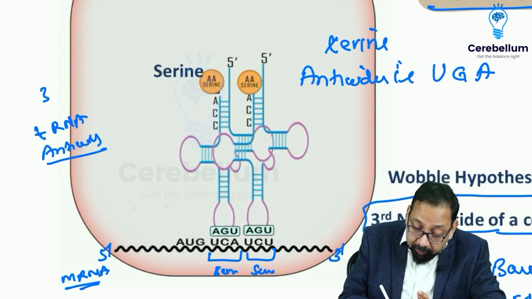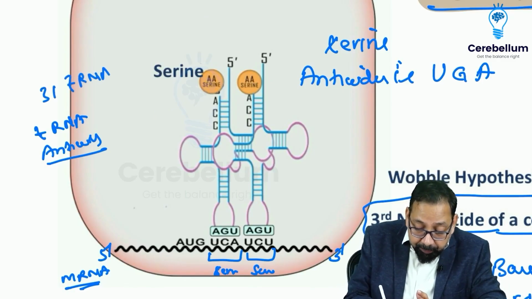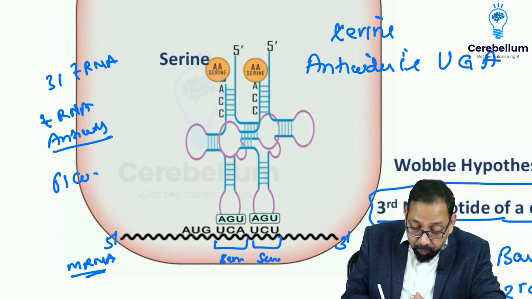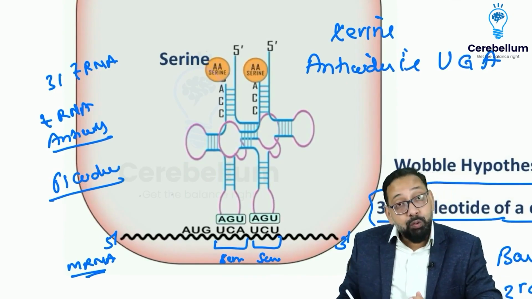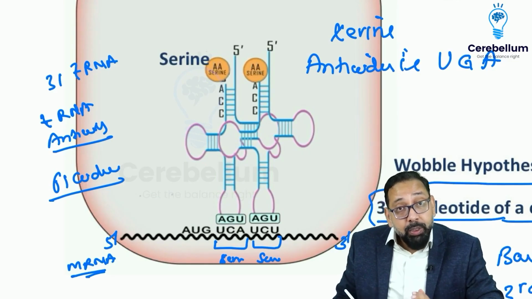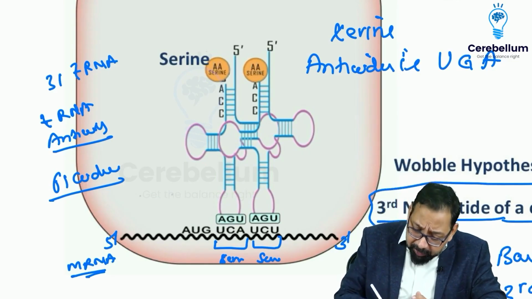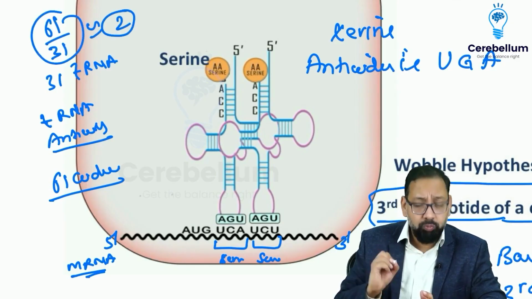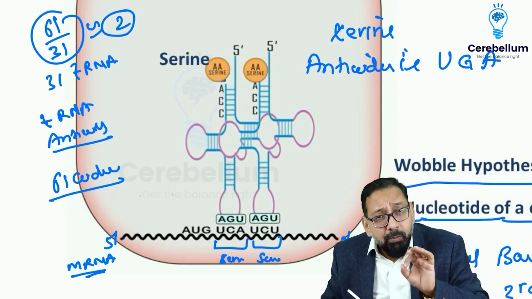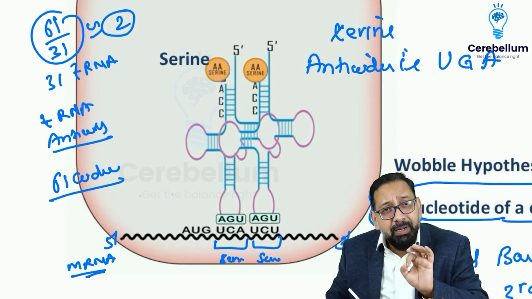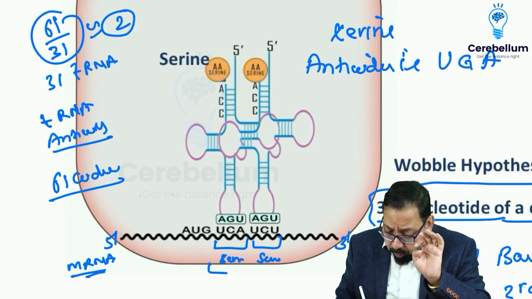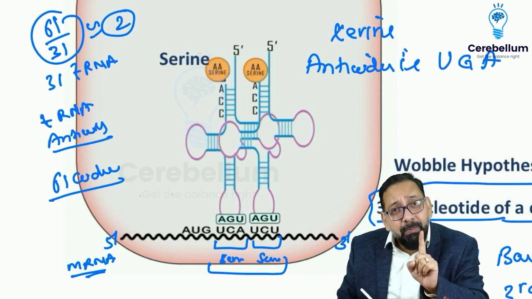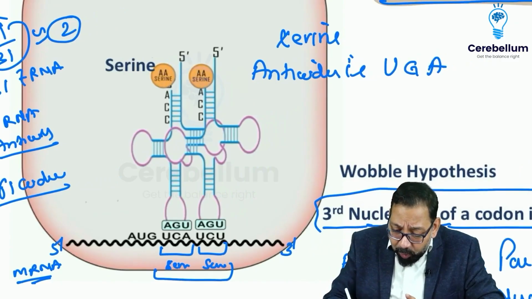We found there are 31 transfer RNAs and 61 codons which code for 20 amino acids. If I take the average, 61 divided by 31 is approximately 2. So approximately 2 codons are represented by only one anticodon.